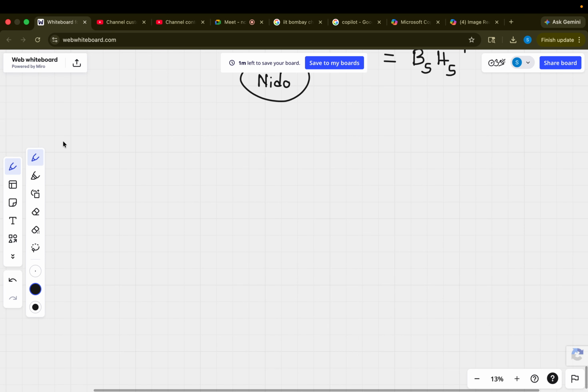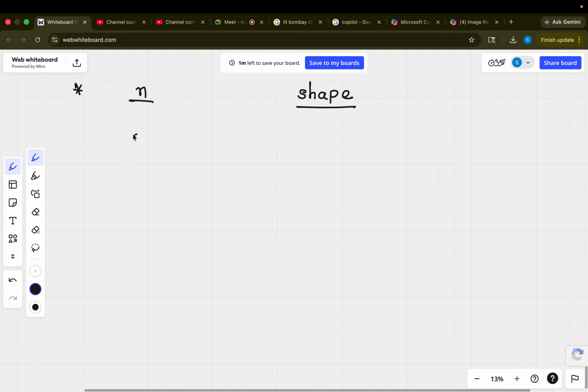So now we will compare the shape, okay. So write down here n value, and here we will see the shape. What is the shape? Suppose n value is 4, then the shape will be tetrahedral, that you already know. Suppose the n value is 5, then the shape will be TBP, trigonal bipyramidal, that also you know.